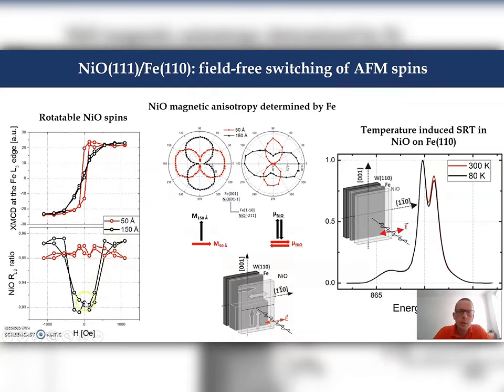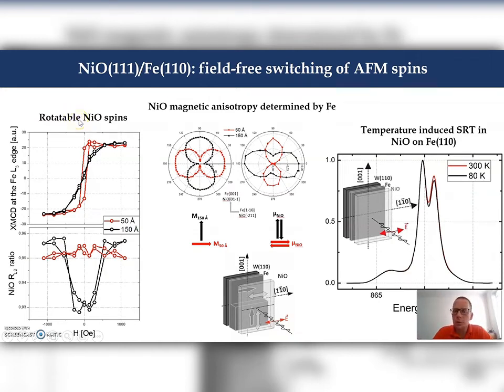As you see, using a very small external magnetic field, around 500 Oersteds only, we reorient the magnetic moments of antiferromagnetic nickel oxide, and it shows the strength of the exchange coupling between ferromagnet and antiferromagnet, as normally, in the absence of the ferromagnet, one would need Teslas or tens of Teslas in order to change the magnetic state of an isolated antiferromagnet. And from that we can also conclude that we have rotatable nickel oxide spins.